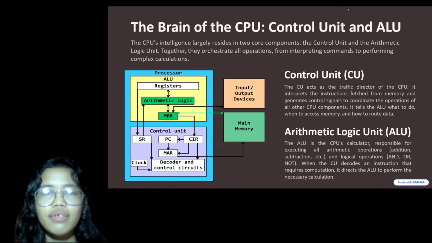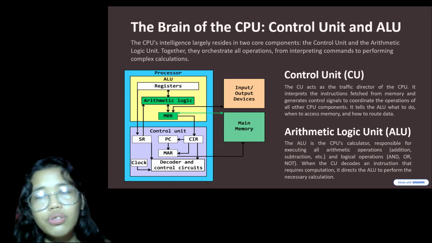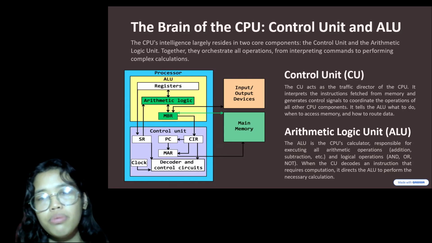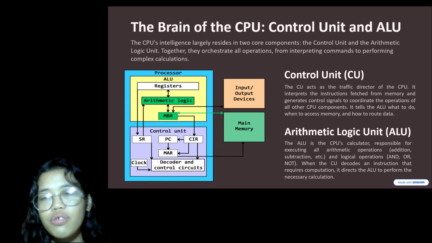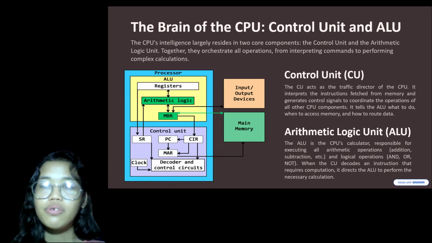So these components, control unit and ALU. The control unit acts as what they call the traffic director of the CPU. It interprets the instructions fetched from memory and generates control signals to coordinate the operations of all other CPU components.